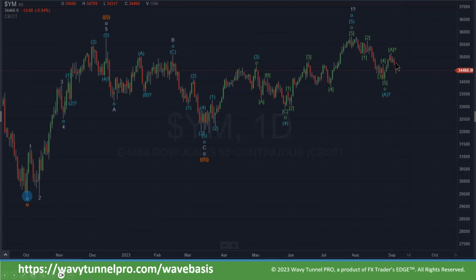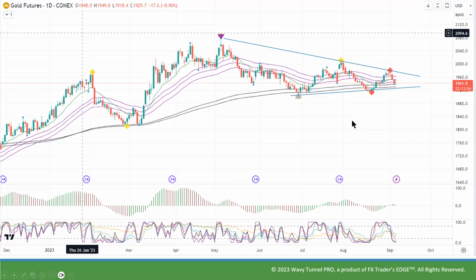If this is an A, then this would be a B, and we would be doing a C up. So not clear here. The question is the same: have we completed this correction down for all of the indices or not? Is this just the B wave bull trap, and then we are going to go lower first? So that's really the question.